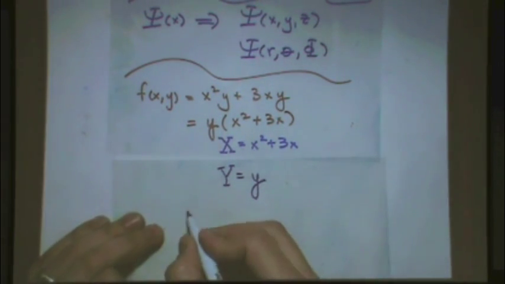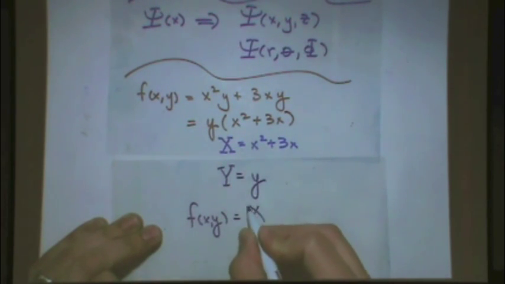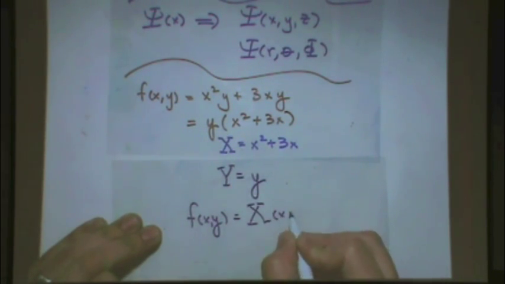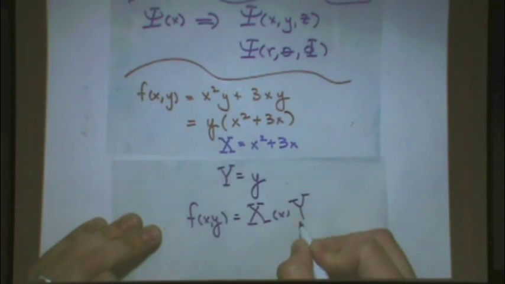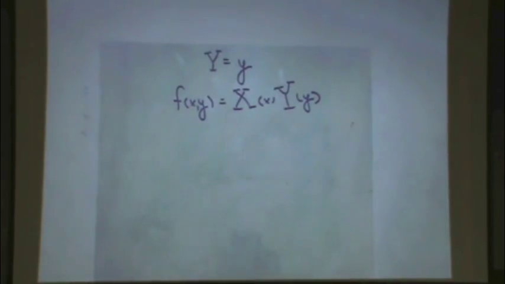So that f of x and y is equal to capital X as a function of x times capital Y as a function of little y. Does that make any math sense? Do I need to say that again? Basically, I'm saying that y can be factored out, and I have 2 new functions which can be multiplied together. One is fully composed of variable x. The other is fully composed of variable y. Okay, if you get that, then we can move on.